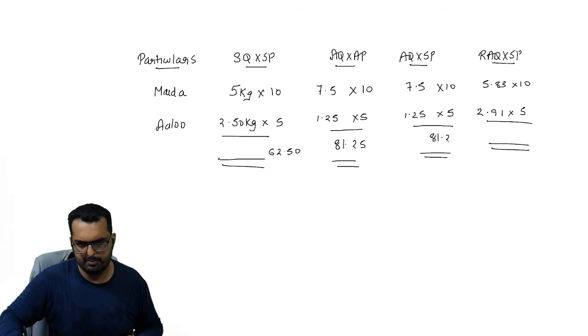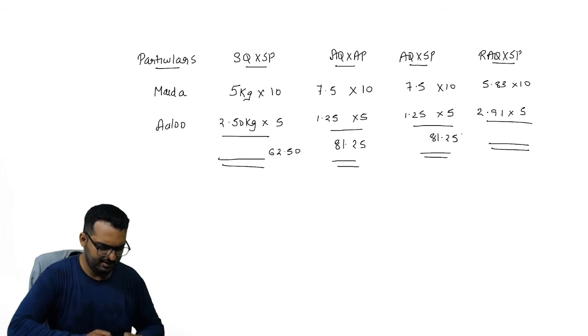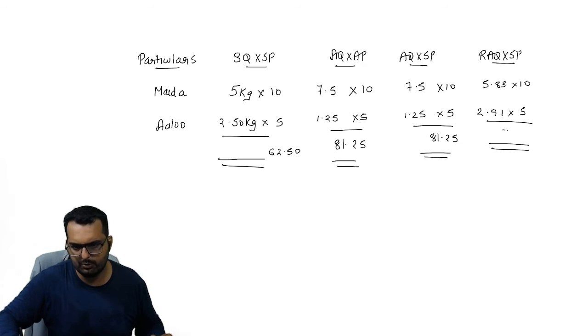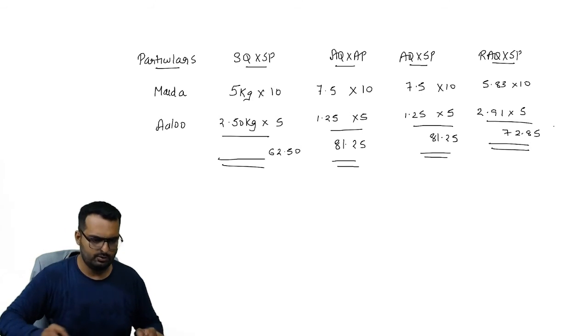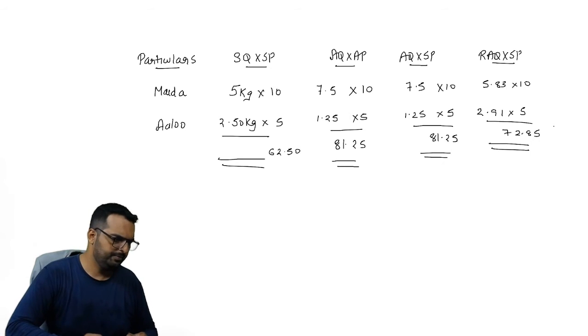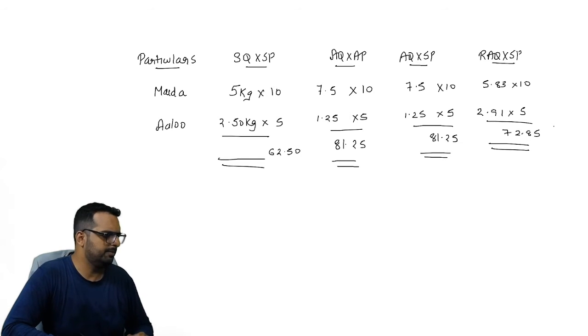Again, you will get 81.25, and the last one you will get 58.3 plus 2.91 into 5. 72.85 is what you will get. Right? Fine. Budget is 35 and the actual is 50. Yes, Darshana, you are right.